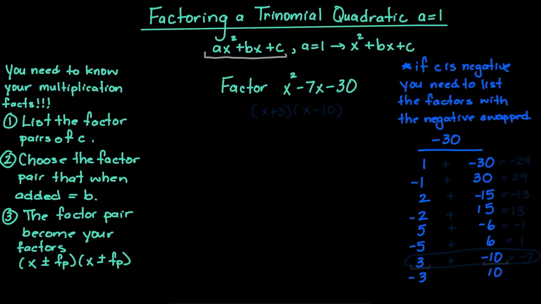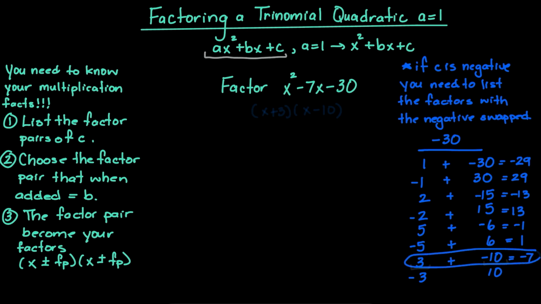Let's go back and start adding. 1 and -30 is -29. -1 plus 30 is 29. 2 plus -15 is -13. -2 plus 15 is 13. 5 plus -6 is -1. -5 plus 6 is 1. 3 plus -10 is -7.